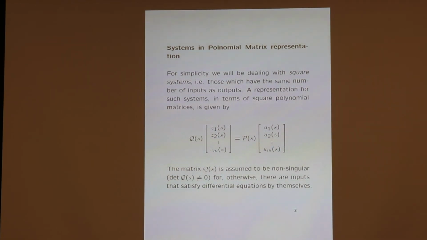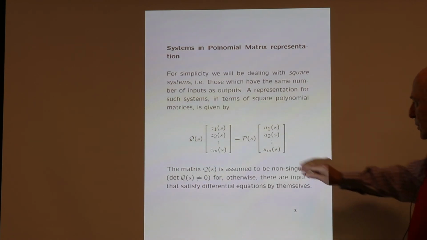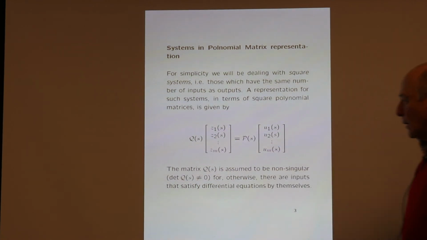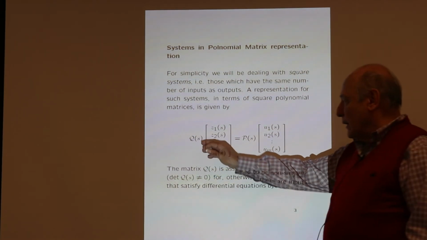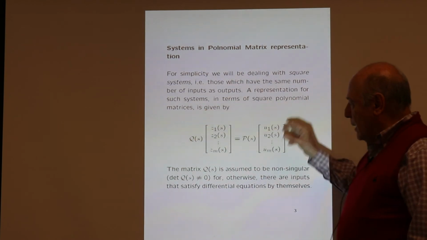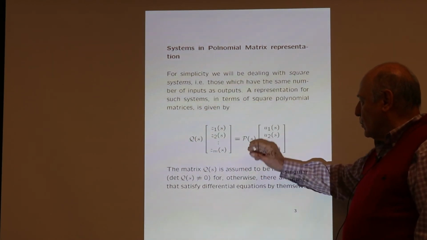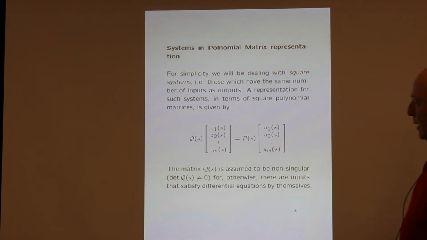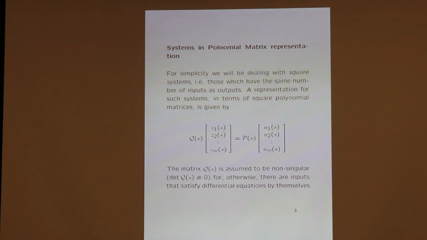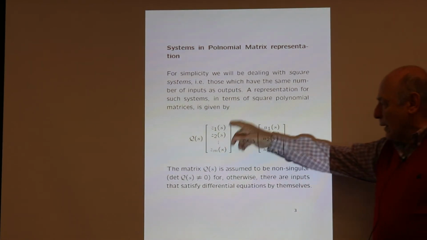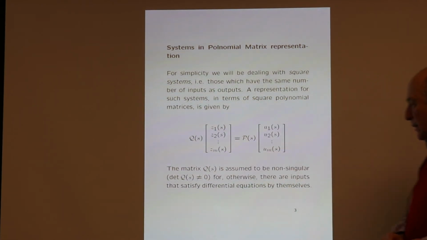So in this polynomial matrix representation, the matrix Q is assumed to be non-singular. That means it is invertible in the complex domain, so that you can bring the inverse to the left of P and say that Q inverse P is sort of the transfer matrix of the whole system in terms of an input-output representation.